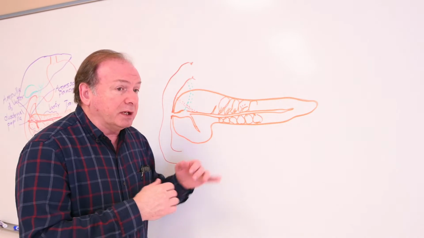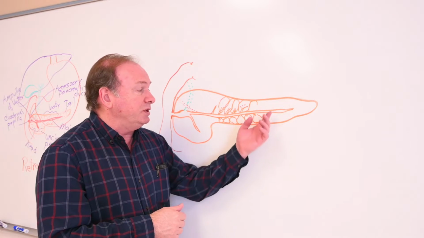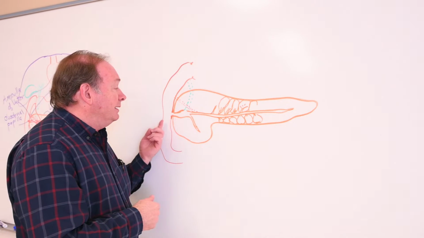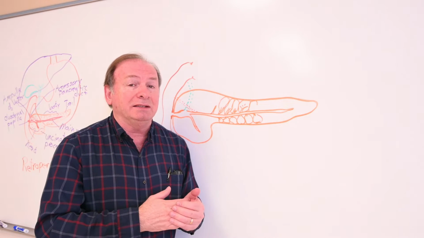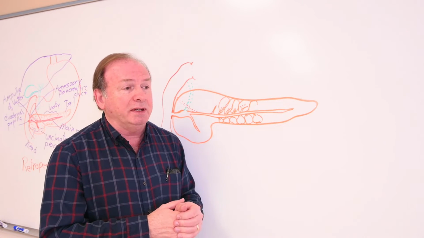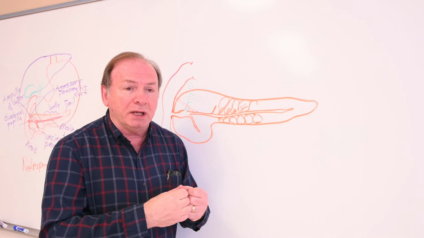Also, these ducts conduct secretions from the pancreas. So the pancreatic secretions are intended to go into the intestine here, and they contain several digestive enzymes. There are proteolytic enzymes that break down proteins.